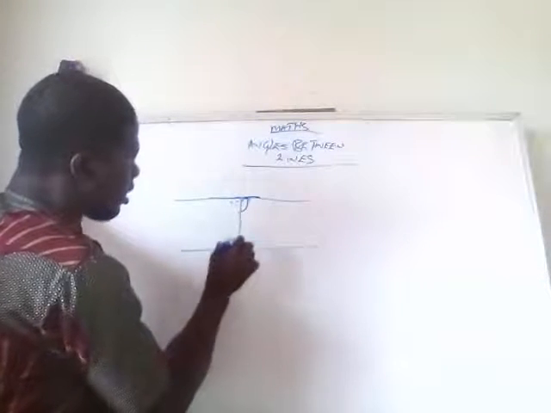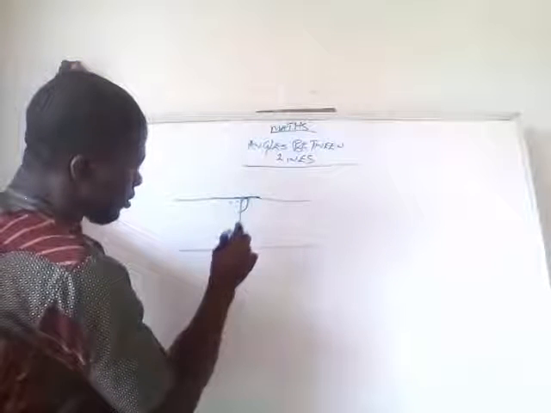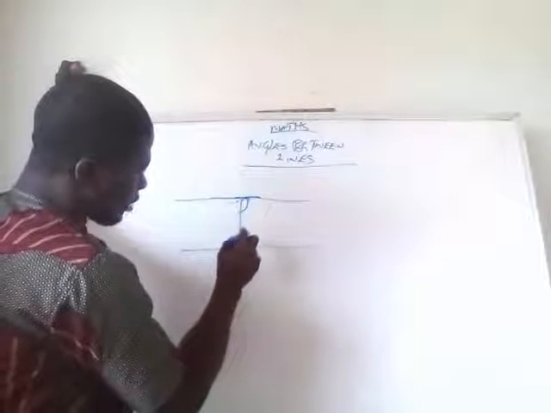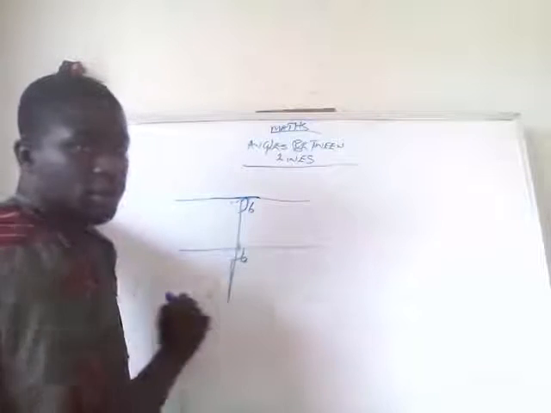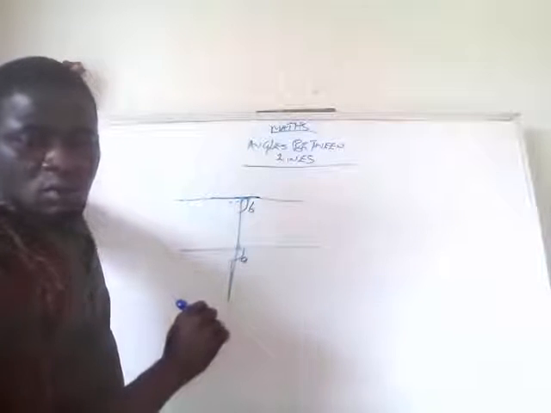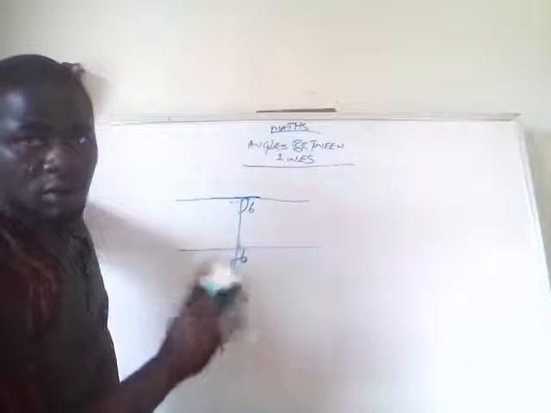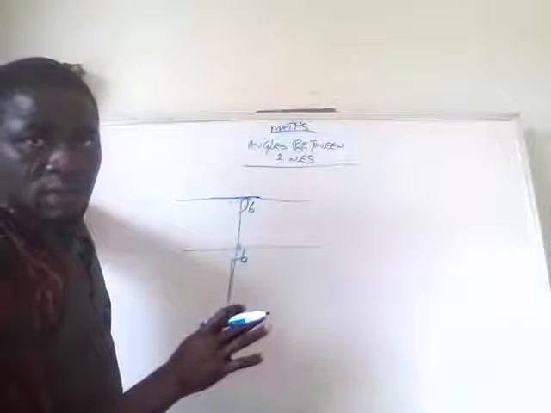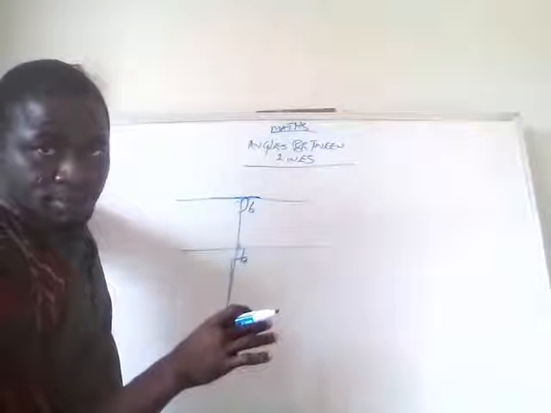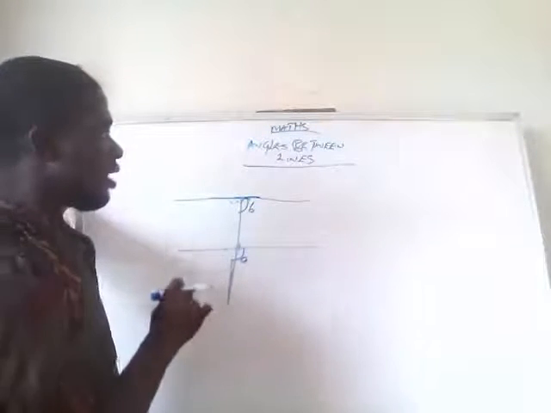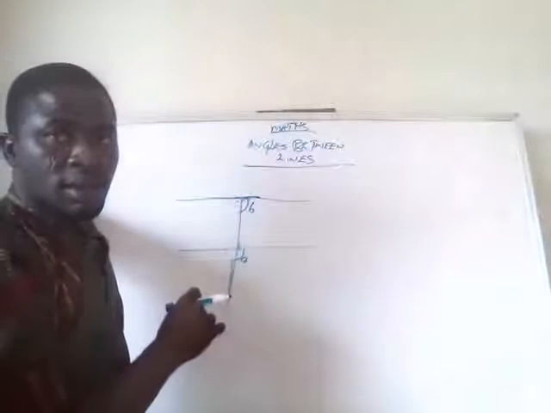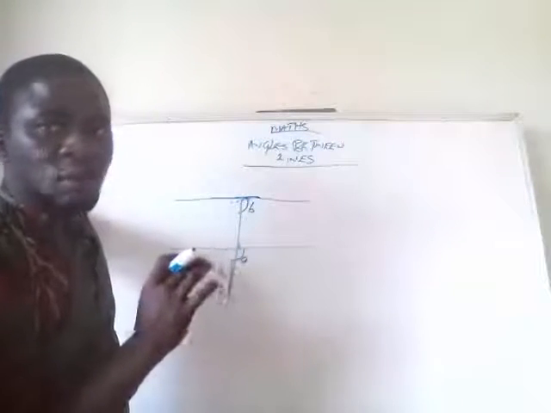Remember, A and B are also equal corresponding angles, in F shape. Once you see any angle in F shape, please take it as a corresponding angle.